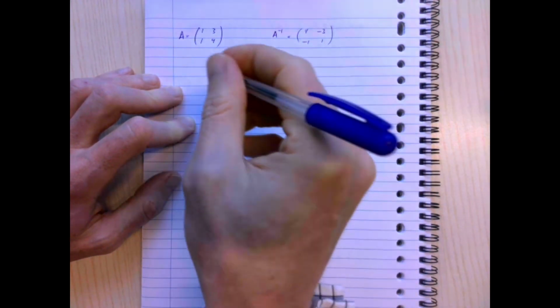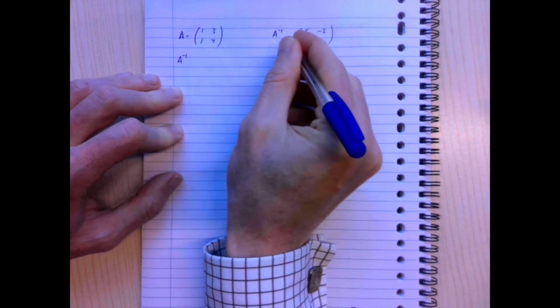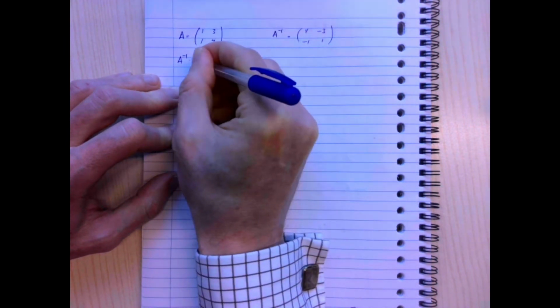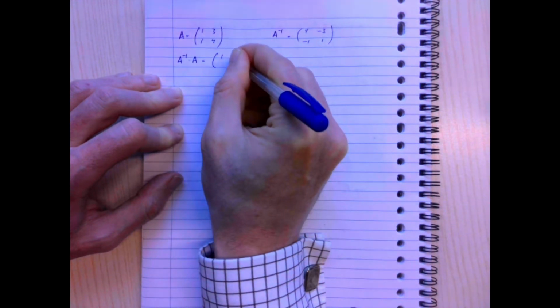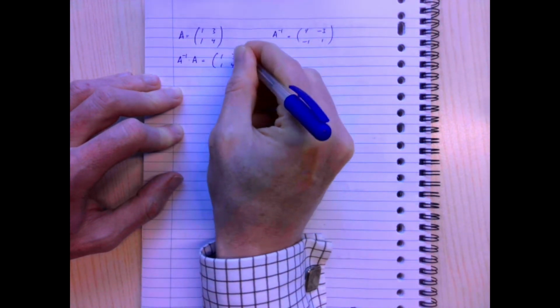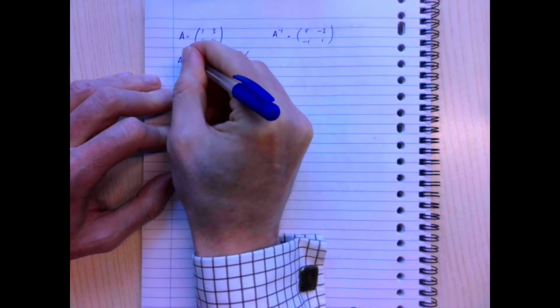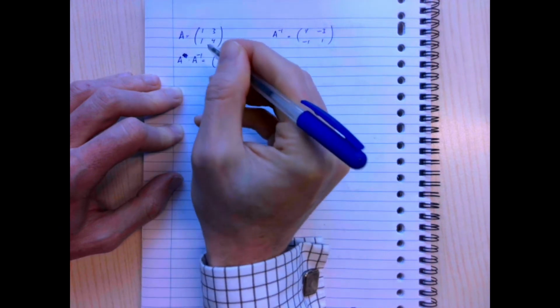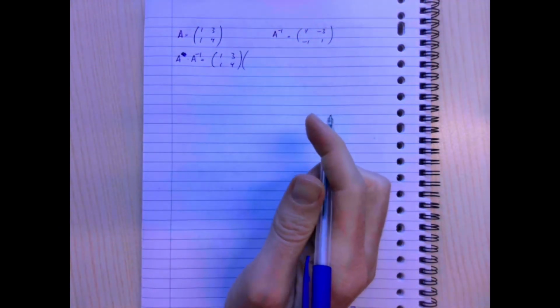So let me check that. What I would like to check is that A^-1, this matrix, times this matrix A is indeed the identity. So let's check that. First, sorry, I'm doing this the wrong way around. So let me do this one, and then I'll do the other one as a second check.